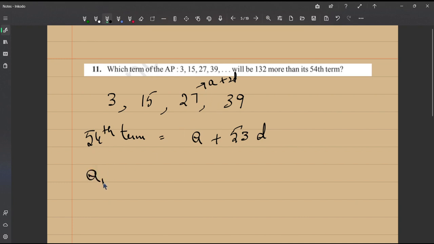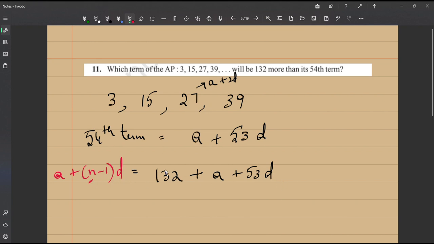Meaning, is there any term AN which is 132 more than A plus 53D? So this is your question. So now our AN can also be written as, because it stands for some term, A plus n minus 1 D. So you will have to find this n, right, for which whatever is given holds true.